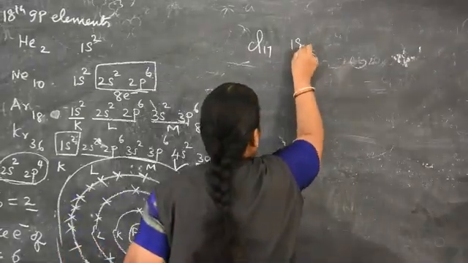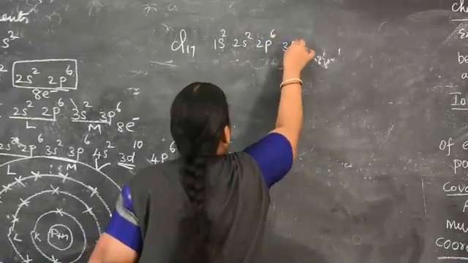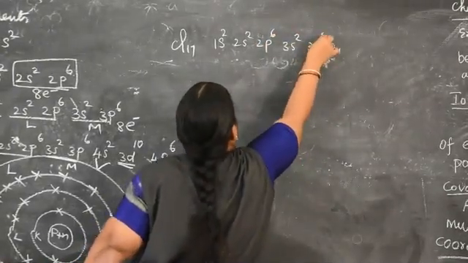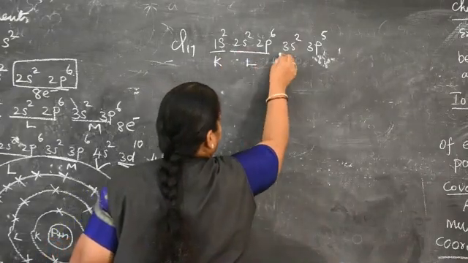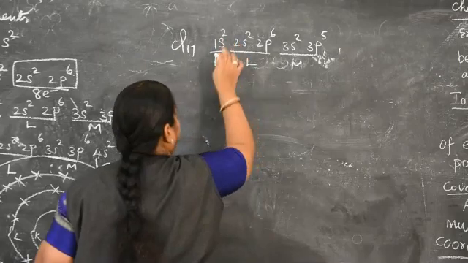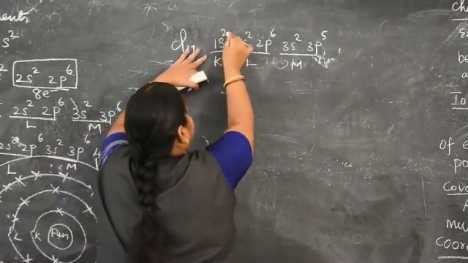You write the electronic configuration 1s2, 2s2, 2p6, 3s2, 3p5. First is the K cell, second the L cell, this is the M cell. The K cell is completely filled and the L cell is also completely filled.